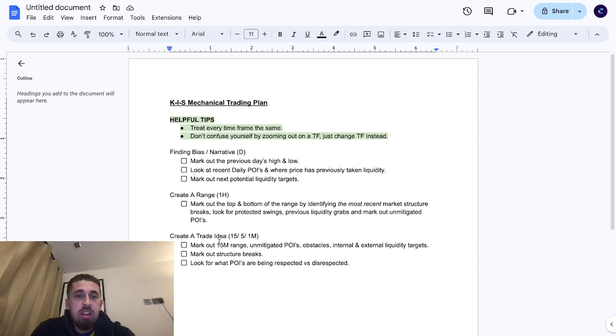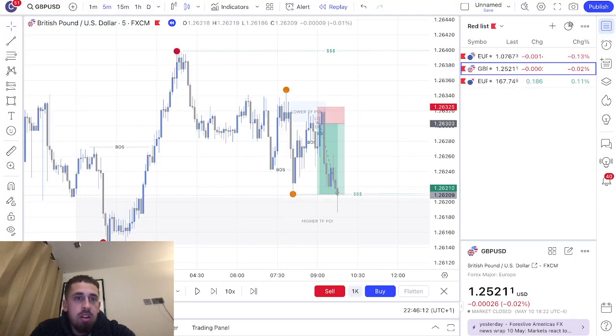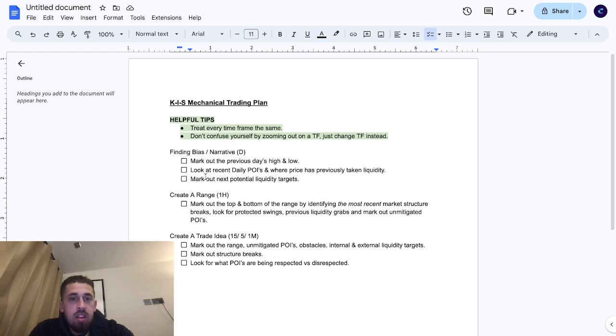Okay, so create the trade idea, mark out your range, POIs, obstacles, external. Oh, hang on. No, that needs to be that, really, 15-minute. Because I don't need to be marking out the range for that. Entries.